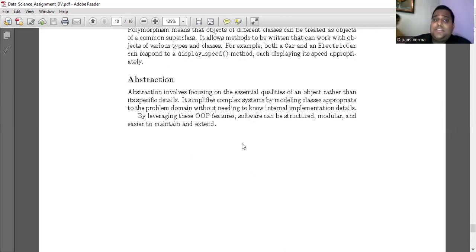Abstraction is required because we want to understand the qualities of an object, what the characteristics of the object can be, and we are not interested in specific details such as why it is a certain color. The main concern is that you need to understand the qualities of the object, right?